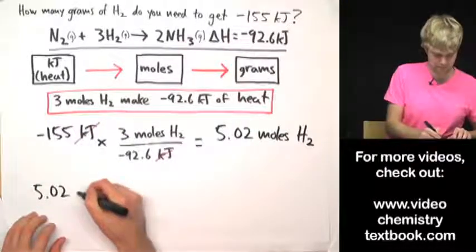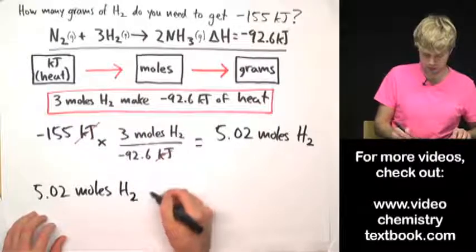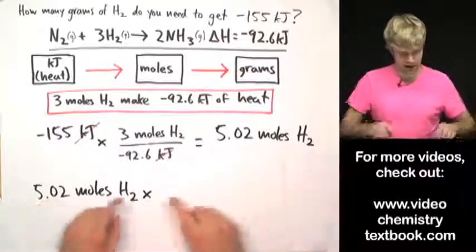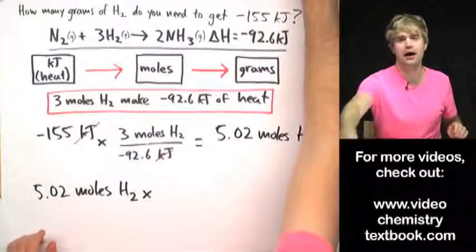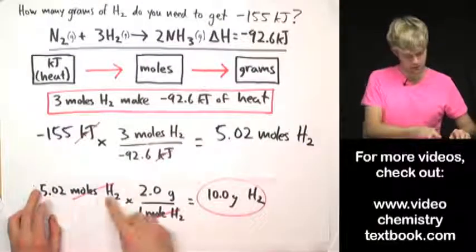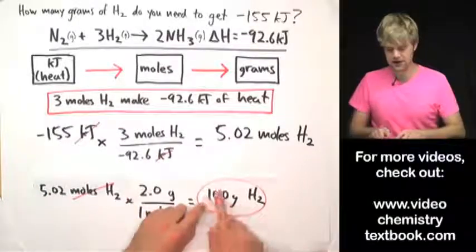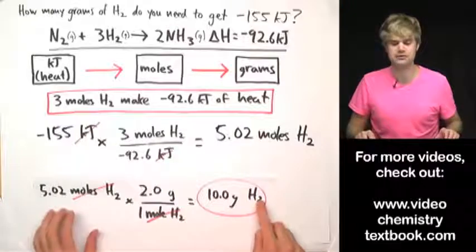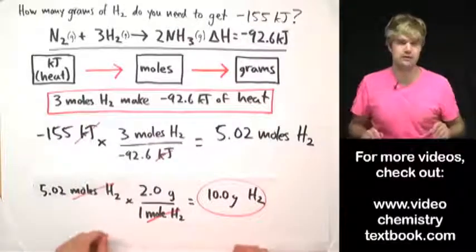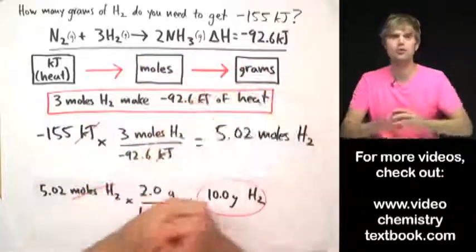Now I'm halfway there. I'll take my 5.02 moles of hydrogen and I will multiply that by a conversion factor with a molar mass. I've actually done all of the work right here. Moles of hydrogen times conversion factor with molar mass in order to give me 10.0 grams of hydrogen, which is the total that I need. So I start with kilojoules, go to moles, and then go to grams.